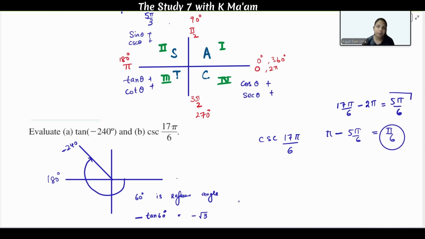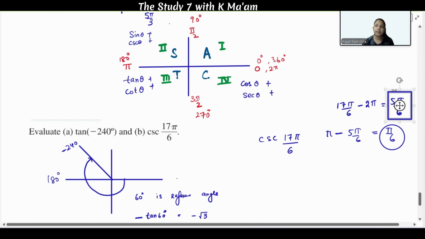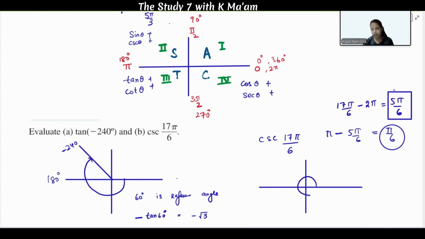From 5 pi by 6 you got which quadrant it is, because it is a repeated angle. Repeated angle means you move one complete rotation. After one complete rotation, it ended here. This is 17 pi by 6. So this difference is pi by 6. So here, it is in the second quadrant.